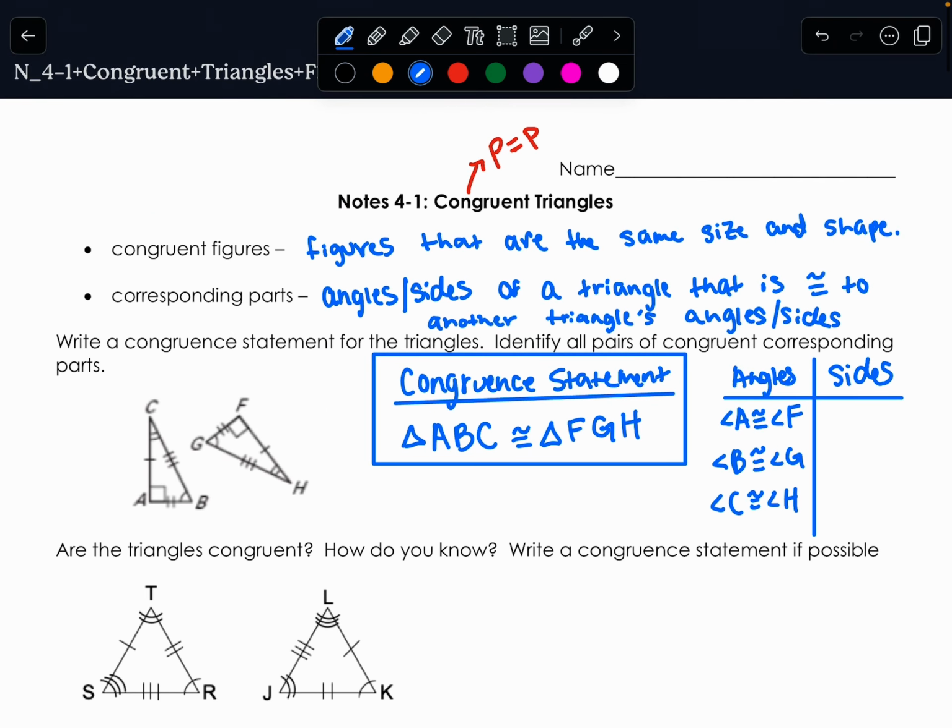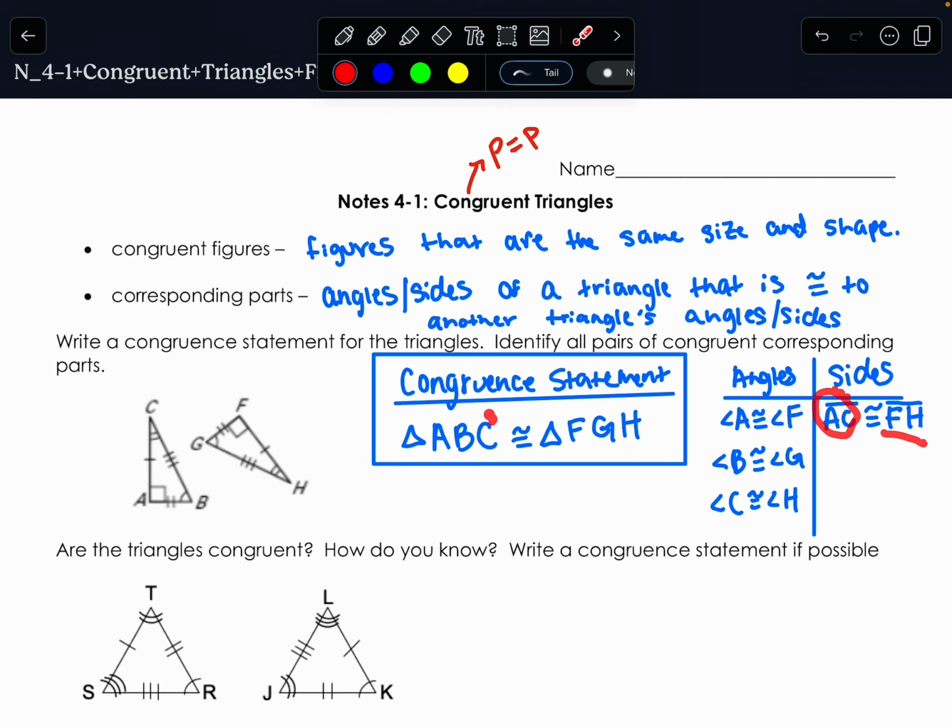I'll do the same thing with sides. Just don't forget that sides have, instead of one letter, two letters. So this side would be side AC. So AC is congruent to, and I know A corresponds to F, and then C corresponds to H. And again, the order of the first one doesn't matter.